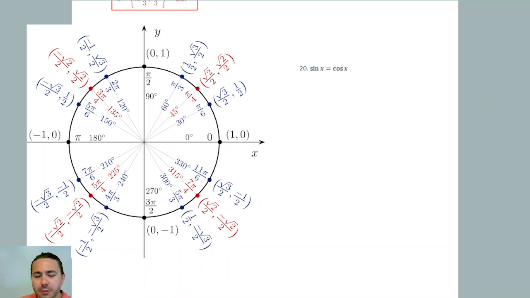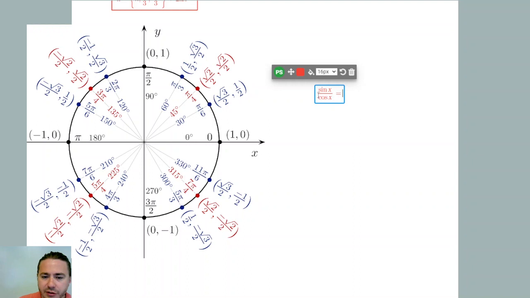You could solve this algebraically if you're uncomfortable with that, and the trick here is to divide both sides by cosine x. Now, this is something we haven't really talked about yet, which is why this is sort of like a bonus problem. But if I divide both sides by cosine x, this thing right here is sine divided by cosine.